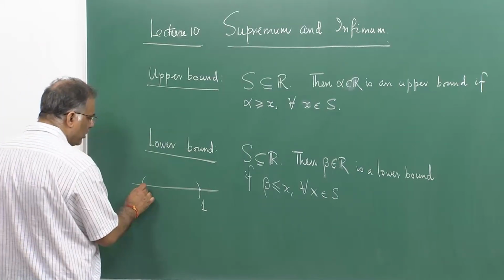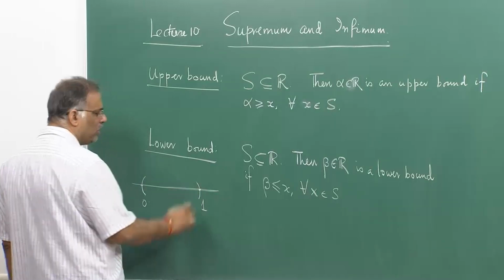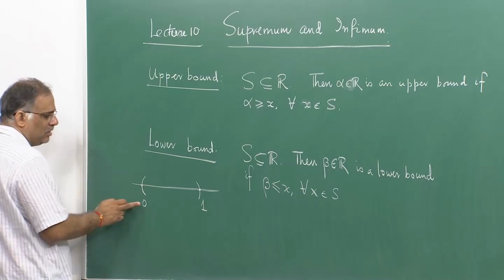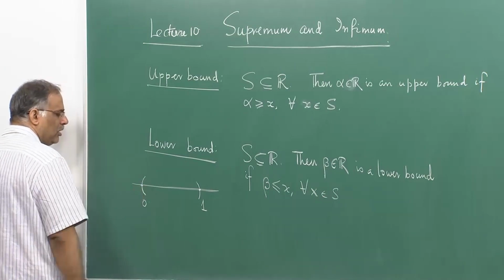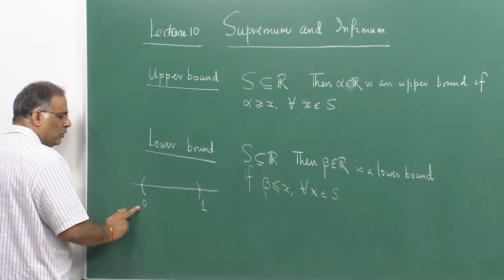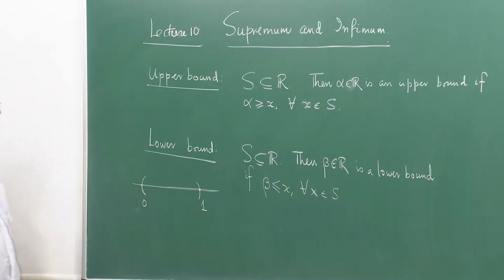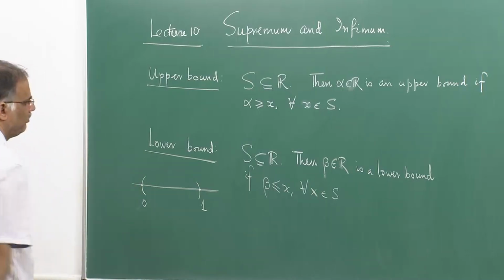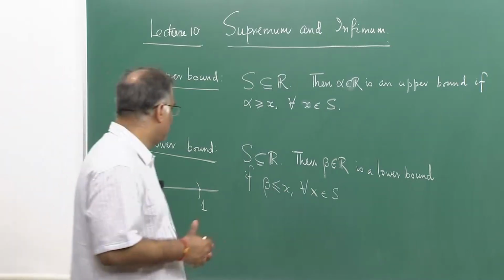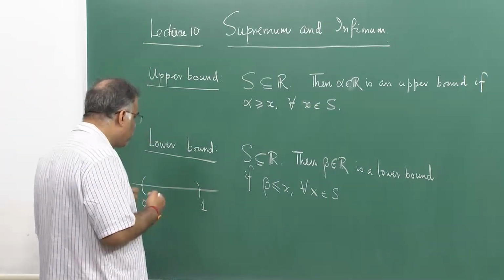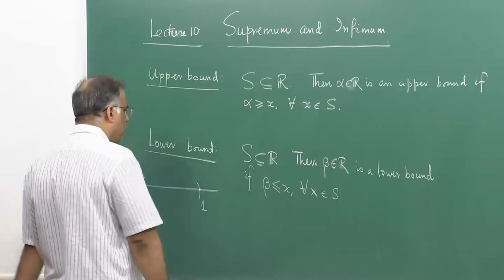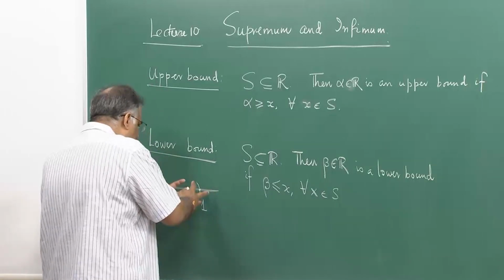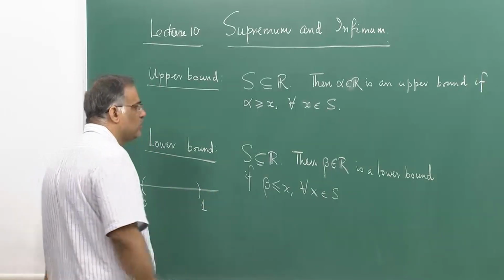But among all these upper bounds, you see 1 appears to be the one which has the least value, and among the lower bounds, 0 is the one which seems to have the greatest value. This looks so obvious that you do not go and try to prove that a least upper bound or greatest lower bound exists.